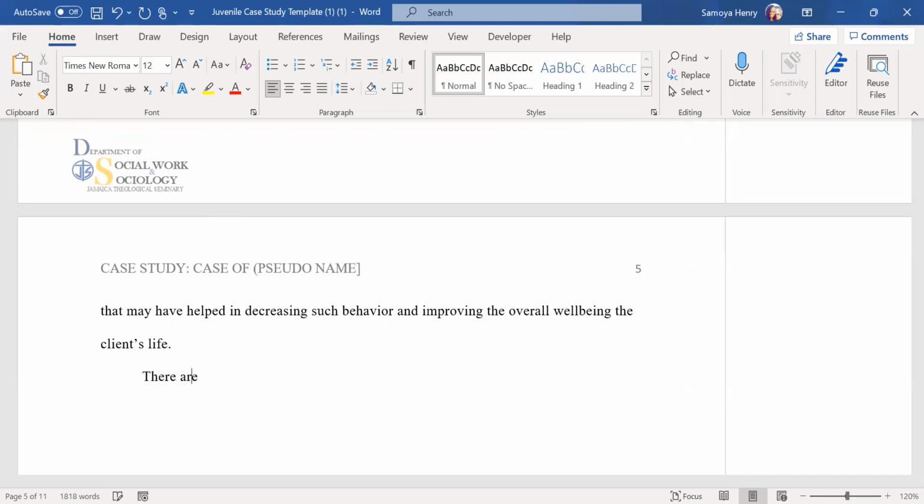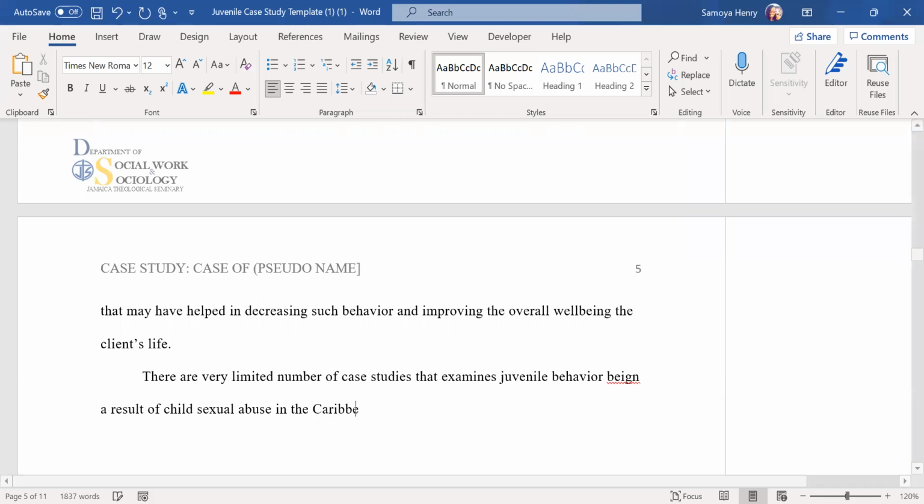So there are a very limited number of case studies that examine juvenile behavior being a result of child sexual abuse, or in the Caribbean, or in Jamaica.